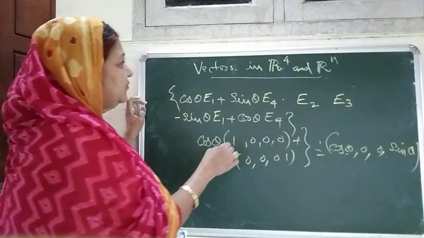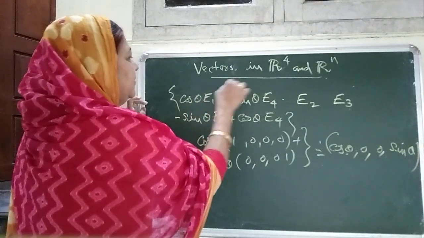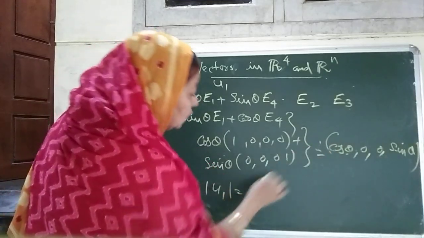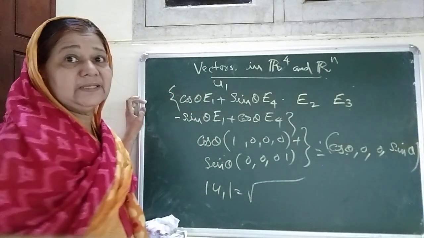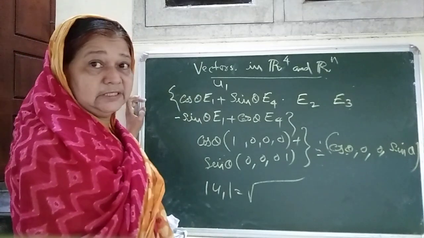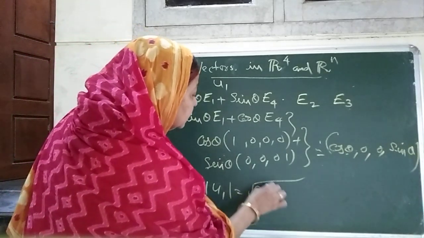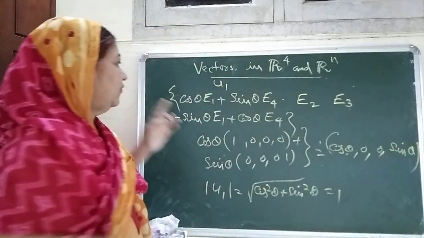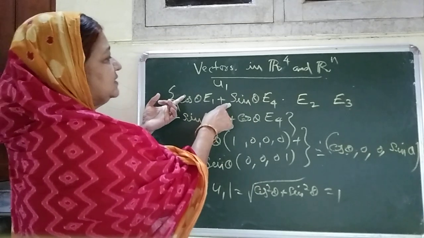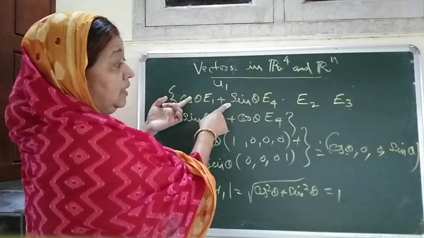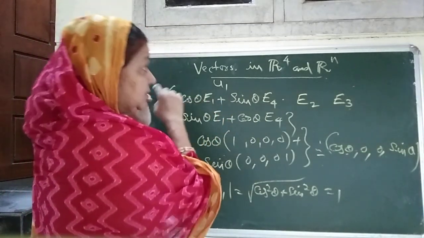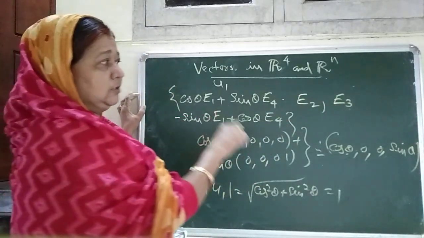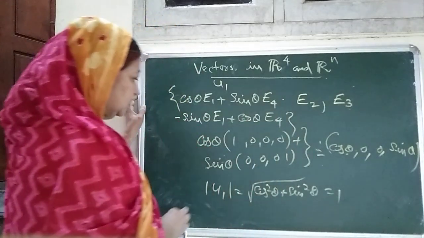Therefore, modulus of this vector, say this may be u1, modulus of u1 equal to root of cos square theta plus 0 plus sin square theta, that is root of cos square theta plus sin square theta equal to 1. Therefore, this first vector u1 has modulus unity. E2 we always know its modulus is unity, and E3 its modulus is unity.